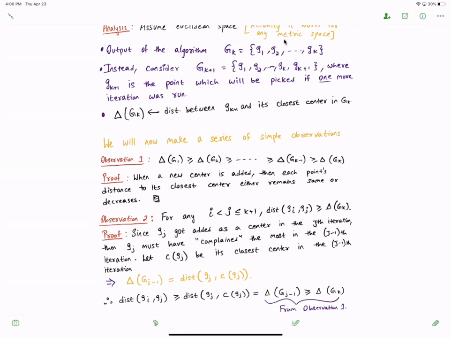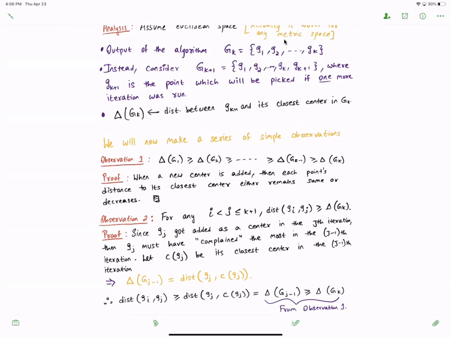Okay, so let's prove this. Let me read out the first line of the proof. Since G_j got added as a center in the jth iteration, that means this point G_j must have complained the most in the (j minus 1)th iteration. That's why it got a chance to be a center in the jth iteration.